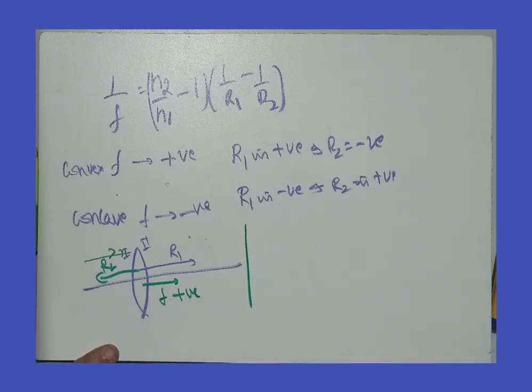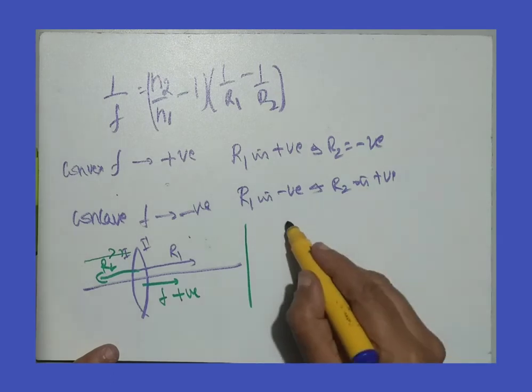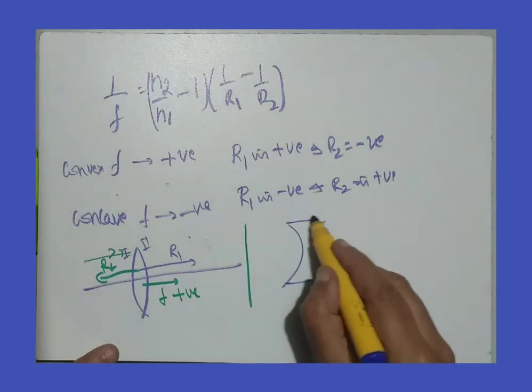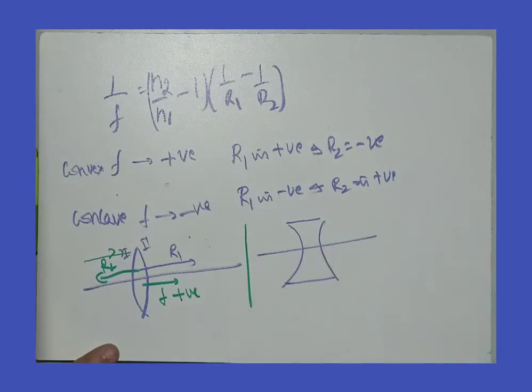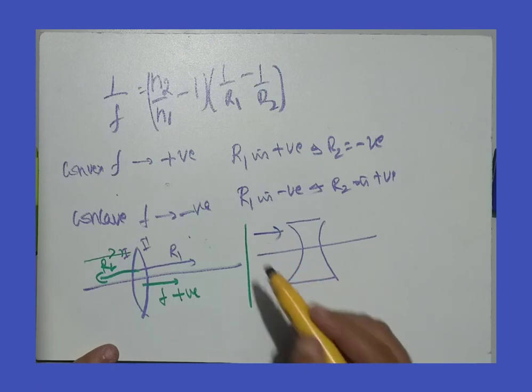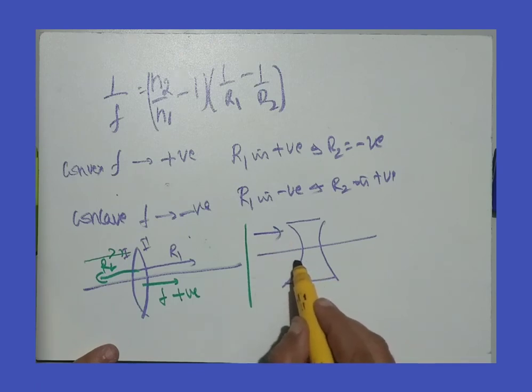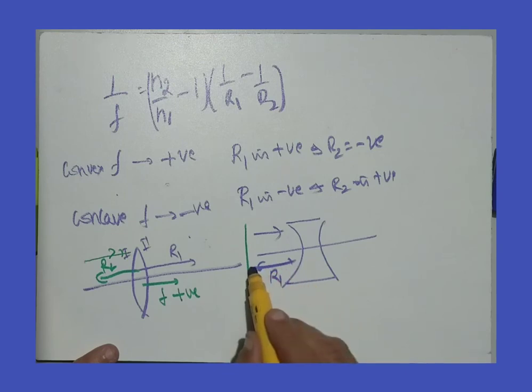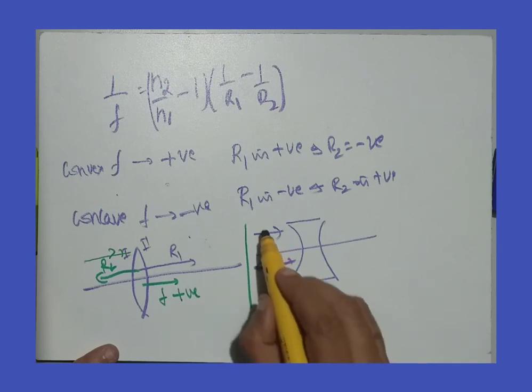But for a concave lens, say this is our concave lens. In this case, as the ray of light travels from the back side, the radius of curvature of the first face, R1, is measured opposite to the incident beam.